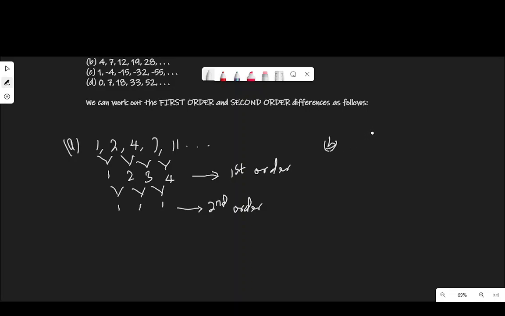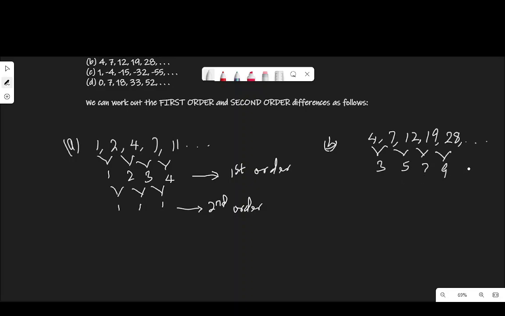So for B, I have 4, 7, 12, 19, 28, and so on. 7 minus 4 is 3. 12 minus 7 is 5. 19 minus 12 is 7. And 28 minus 19 is 9.